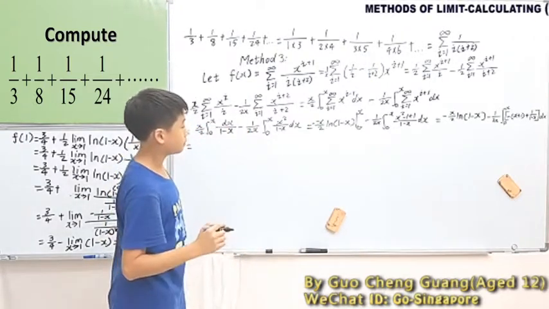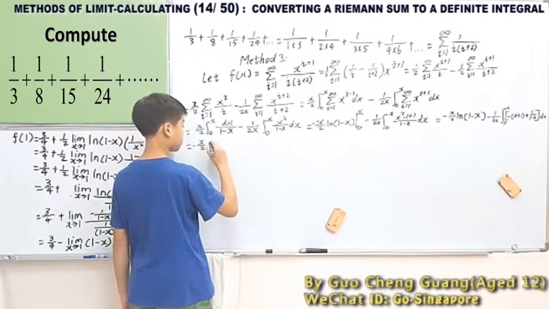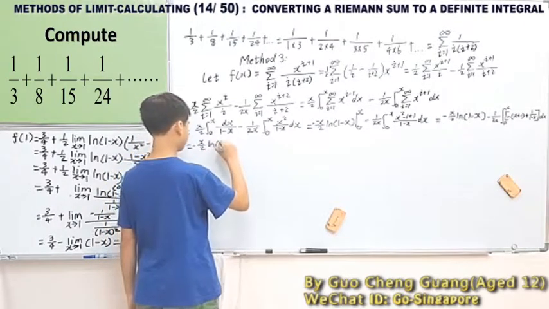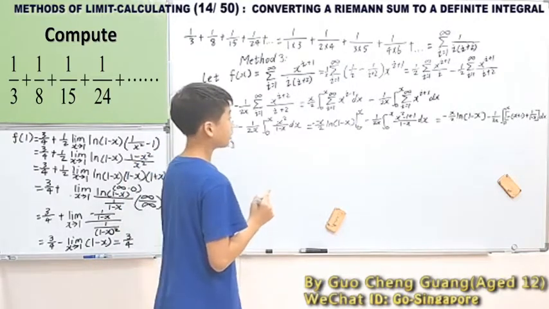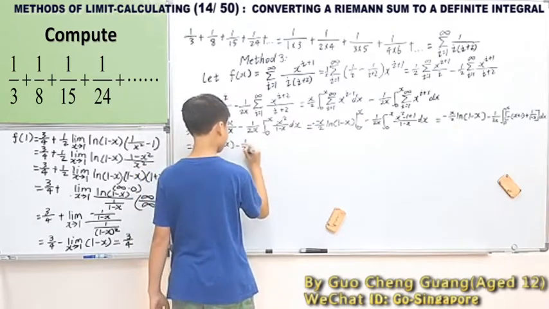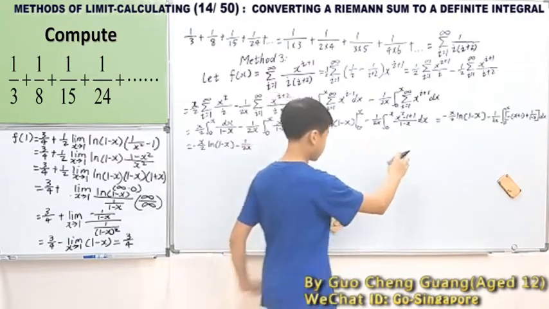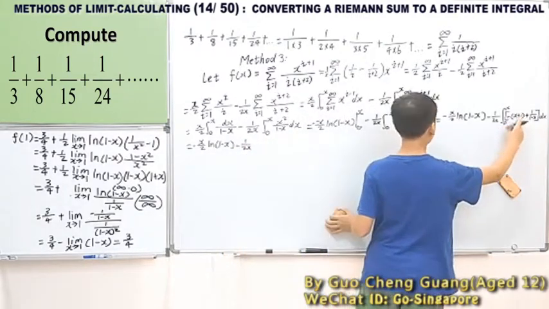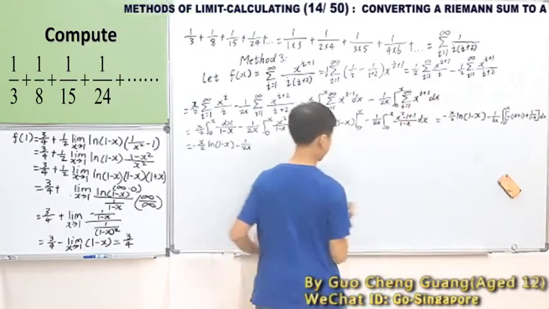Then from here, the first term stays the same. And then for that second part, so x plus 1 over here, you can integrate. Actually, this part at the back, you also can integrate them already.